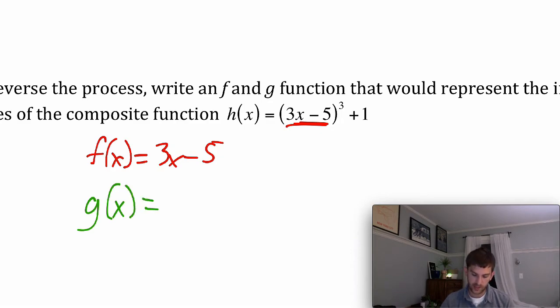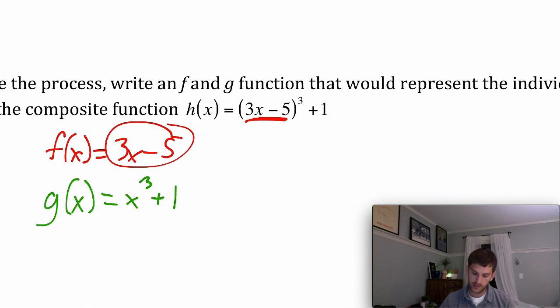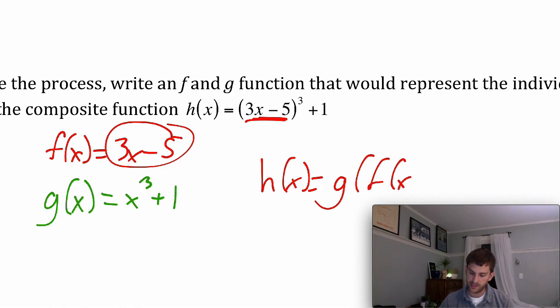We'd be left with x to the third plus 1. So again, it's kind of like we take this guy and plug it in for that x to give us that group right there. So in this case, h of x equals g of f of x. We just broke it down into smaller pieces.